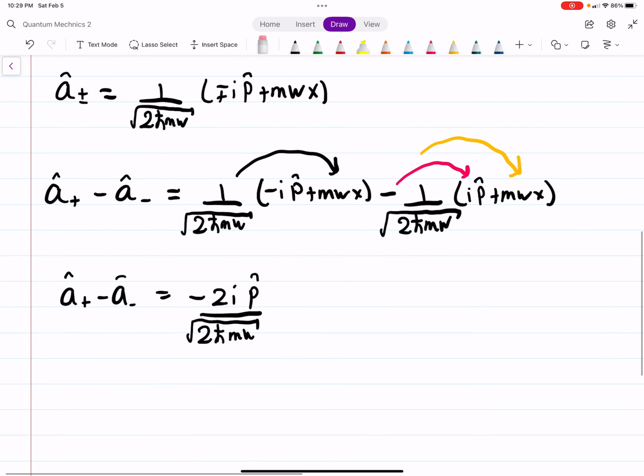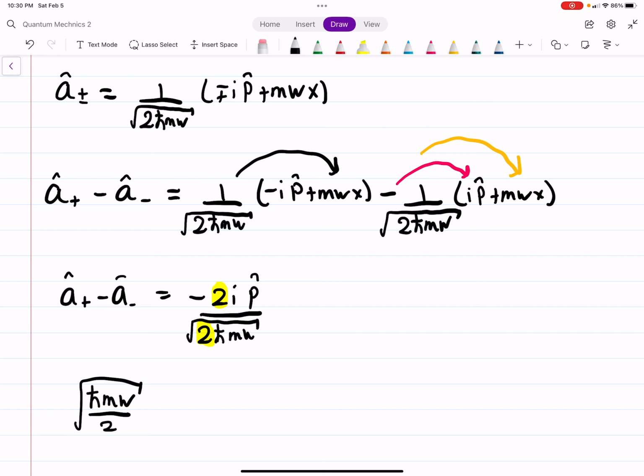And we're going to multiply over. So 2 h bar m omega. And real quick, it'll actually just be h bar m omega, because we can simplify that and divide by that. I'm referring to this 2.